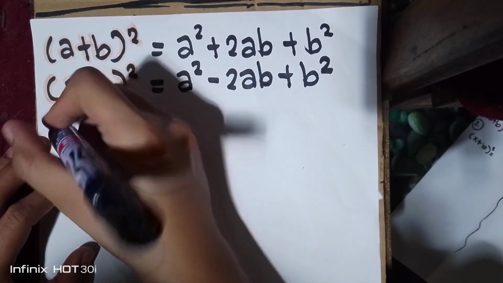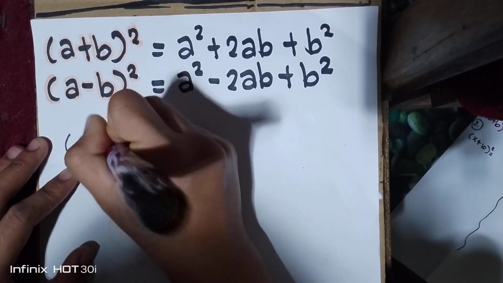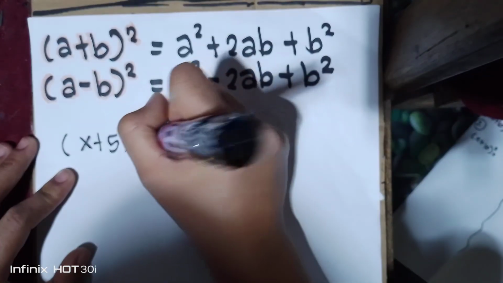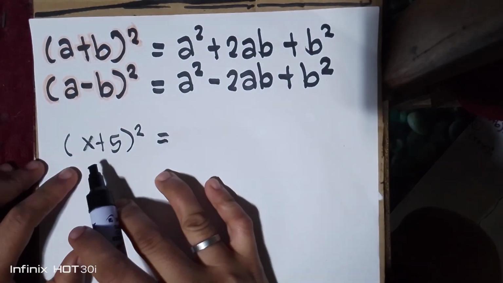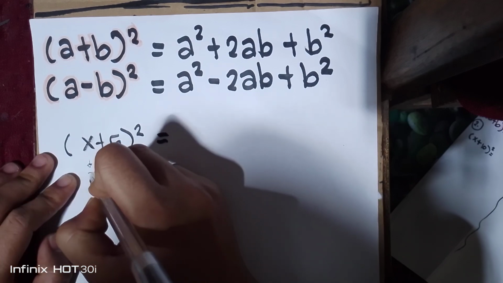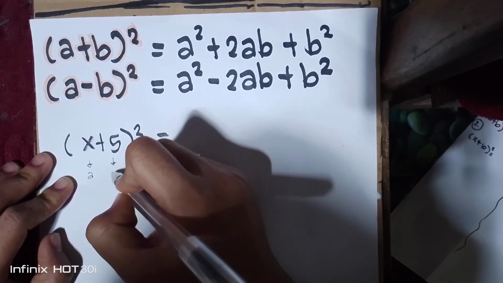So we have again x plus 5 to the second power. This first term is our a. The second term will be our b.